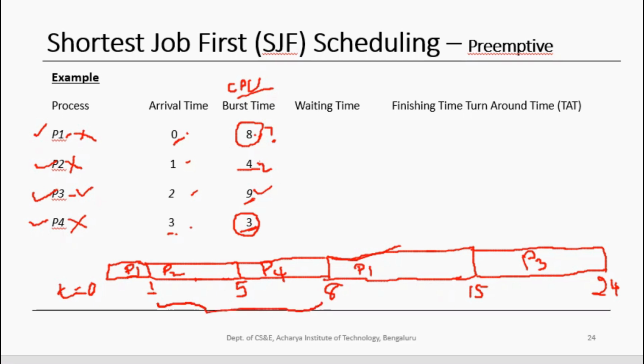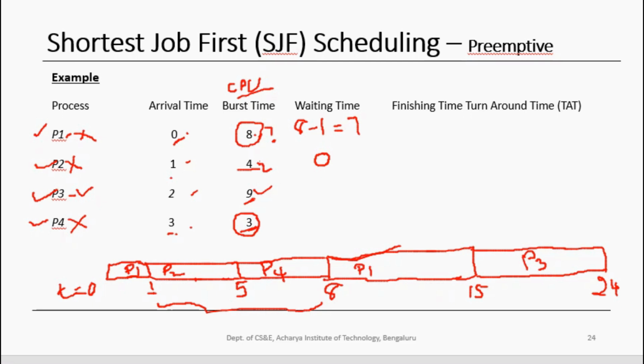So that means it is 8 minus 1, that is equal to 7 time units. What is the waiting time of P2? P2 comes at 1. Immediately it gets the CPU and it completes its execution. So therefore it is equal to 0.